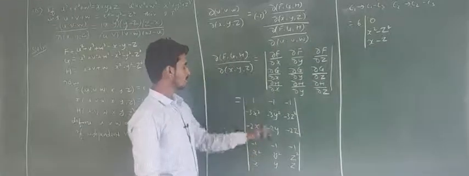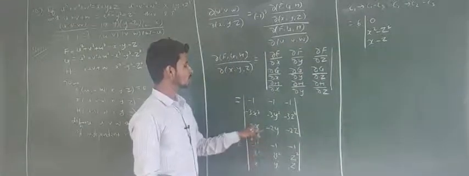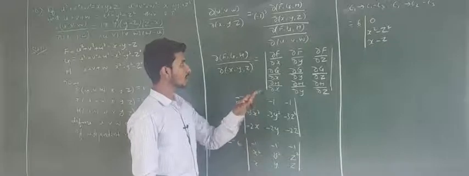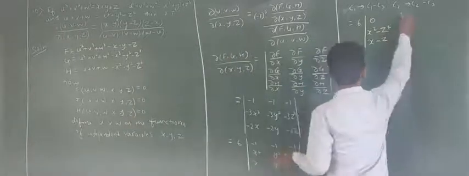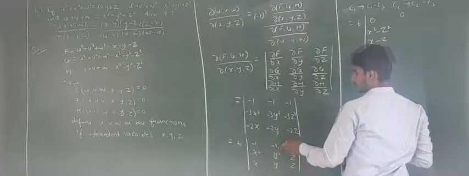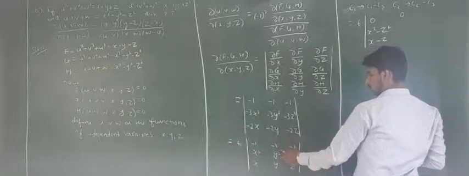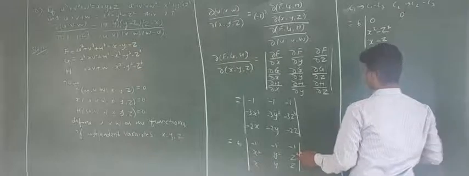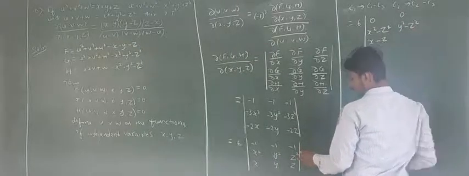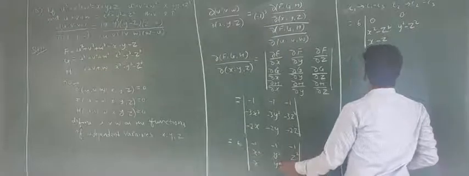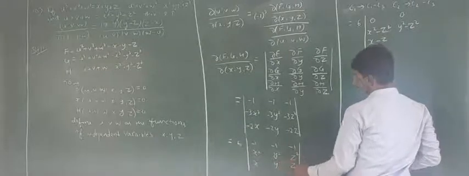Next, the second column: minus 1 of minus 1, that is minus 1 plus 1, which is 0. Next, y square minus z square. Next, C2 minus C3, y minus z.